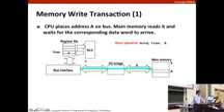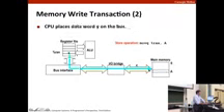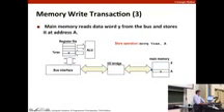The CPU starts as before by placing the address A on the bus. Main memory reads that address and then waits for the data to arrive on the bus. So the CPU then places the contents of RAX on the bus, and those contents travel across to main memory, which then reads that word from the bus and stores it at address A.